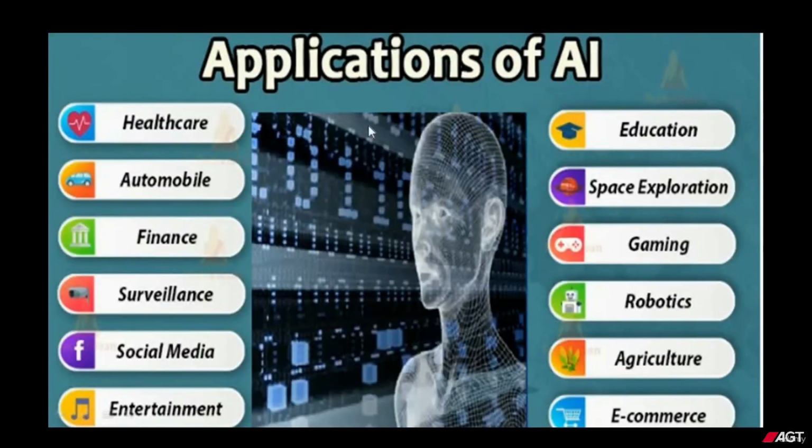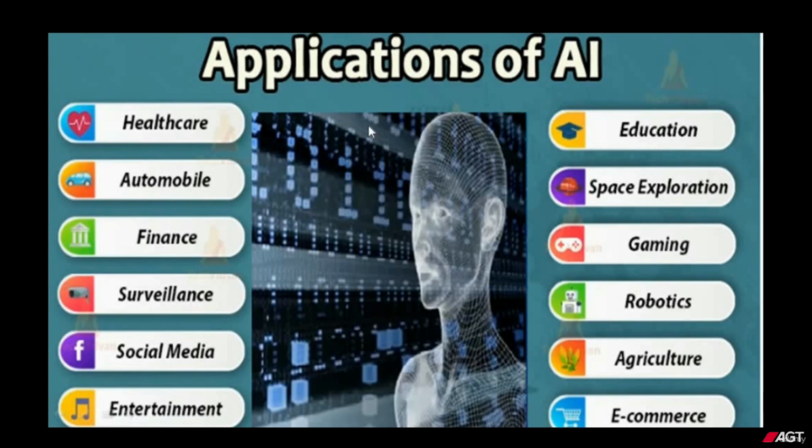Hello dear students, you are welcome to our course. In this chapter we discuss applications of AI. How many applications are there of AI, and in which domains is AI used?